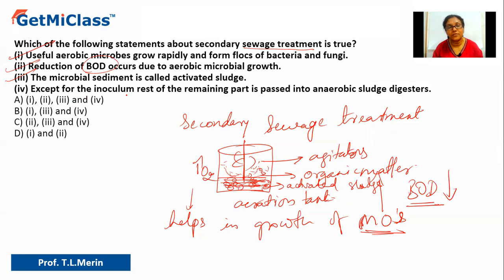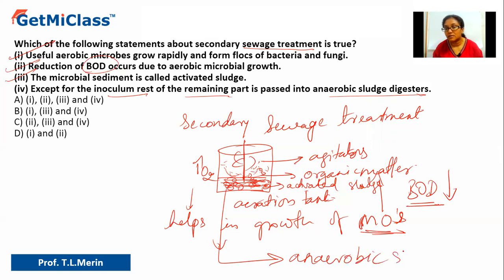Option 4: except for the inoculum, the rest of the remaining part is passed into anaerobic sludge digester. That is also correct. Here you have activated sludge. Except for a little, which is used for the next round of aeration as inoculum, this activated sludge will be sent for anaerobic digestion, where anaerobic organisms are added.